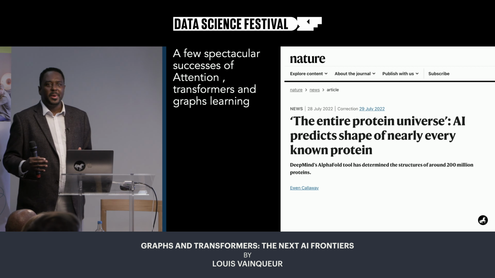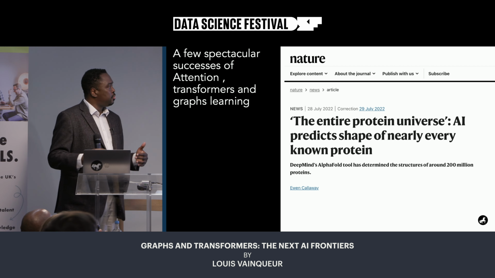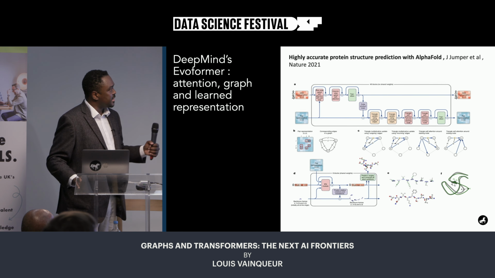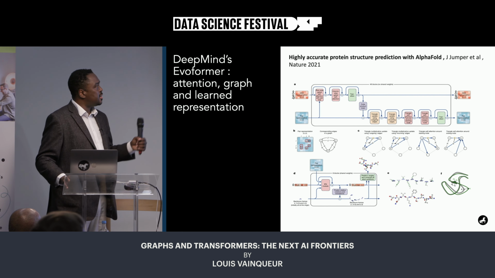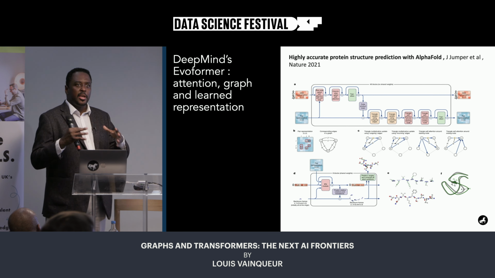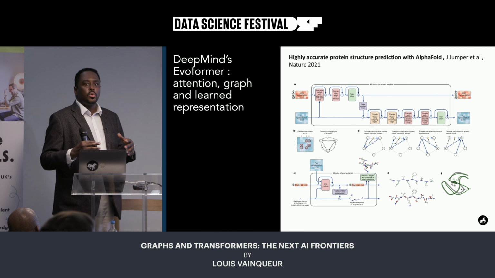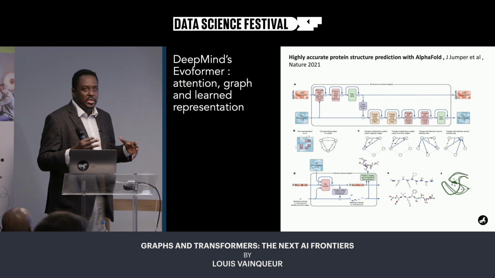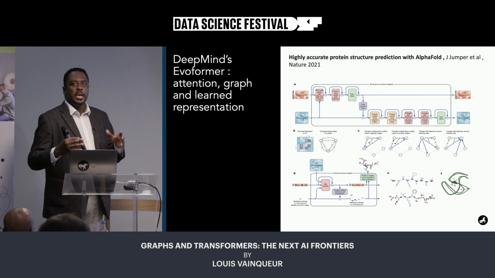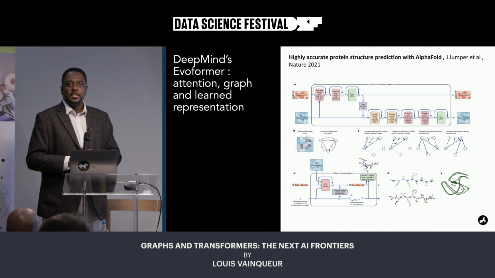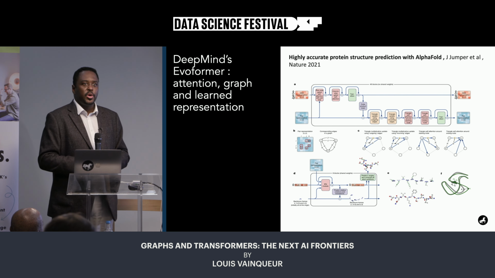I don't know if you've heard about it, but effectively, from the paper that they published in Nature, they have a module inside their protein prediction model called EvoFormer, that is in practice using both self-attention and also graph predictions. So that was it. If you have any questions, you can shoot.